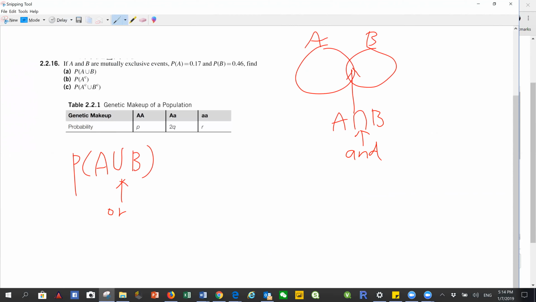But this whole thing, the shaded area, is A or B. Okay.